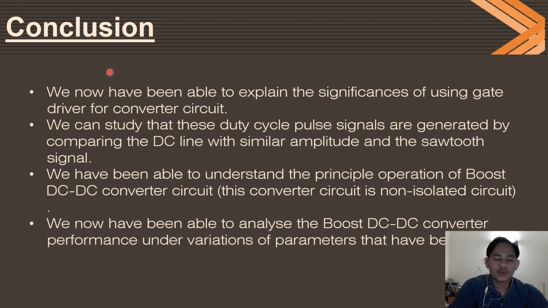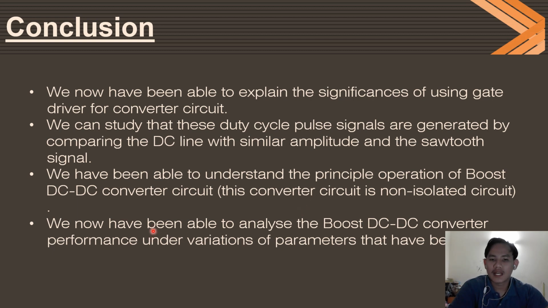And we have come to our conclusion. First, we can conclude that we have been able to explain the significance of using a gate driver for the converter circuit. Next, we also studied that duty cycle pulse signals are generated by comparing the DC line with the sawtooth signal of similar amplitude, and also understood the principle of operation of the boost DC to DC converter circuit.